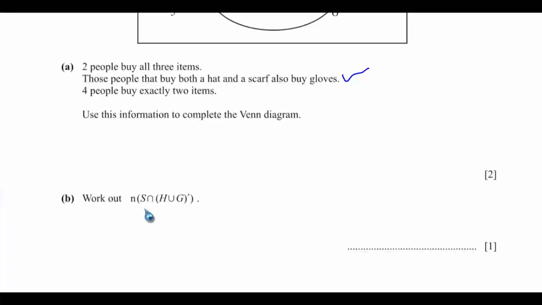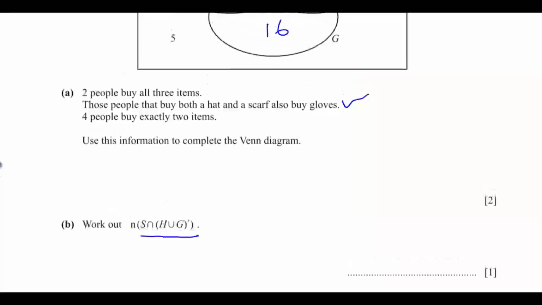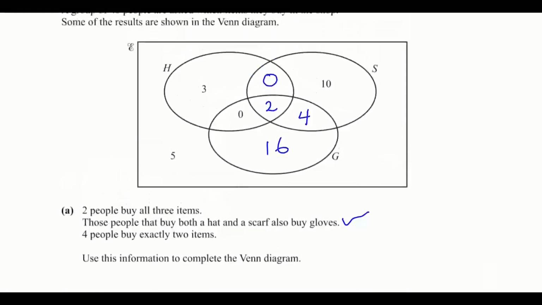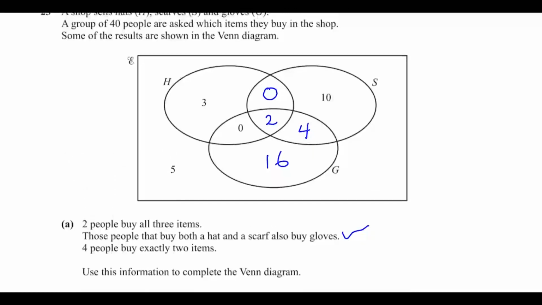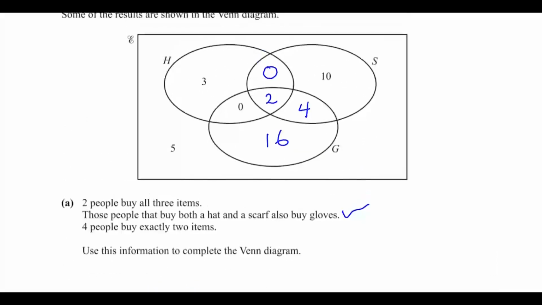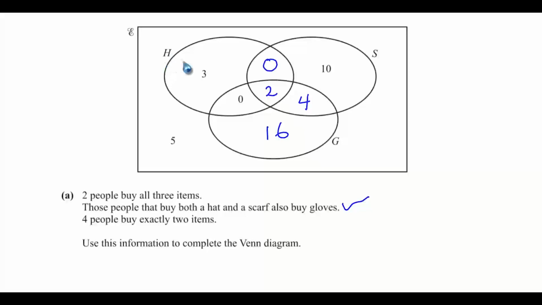So work out the number of people in this set notation. Let's start with H union G complement. That means those that are not in the combination of H and G. So if they are not in H and G, they will be in S only and outside the 3 sets.